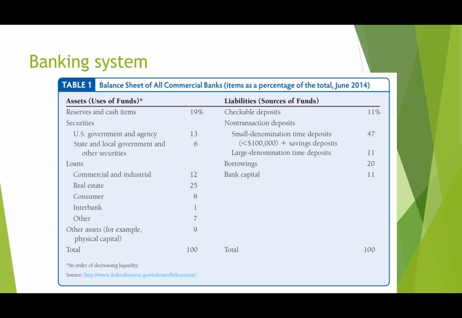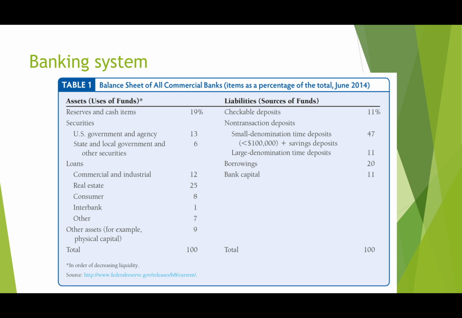With some of these non-transaction deposit accounts, there might be a limit on the number of transactions you can do. And these are usually known as savings accounts. By the way, some savings accounts do allow for pretty limitless checking as well, in which case they would be under checkable deposits. The distinction has become a lot more blurred.